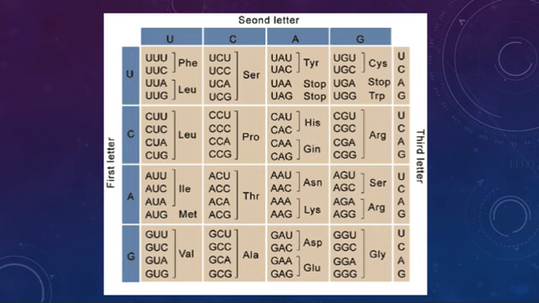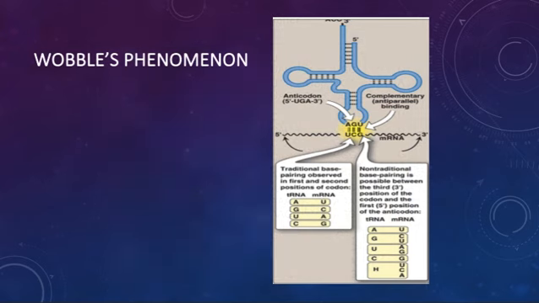So here you can see in the next slide the Wobble phenomenon. As we can see, this is the mRNA, from the 5' end to the 3' end, and this is the charged tRNA. Okay, this is the anticodon arm containing AGU, the bases which are complementary and anti-parallel binding to the mRNA codon, that is UCG.